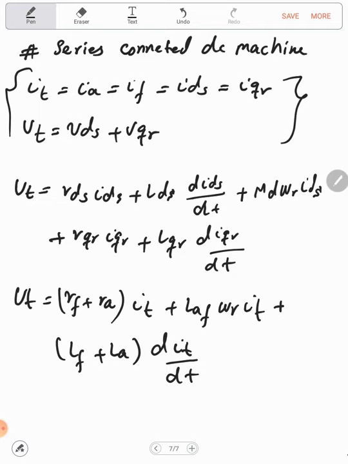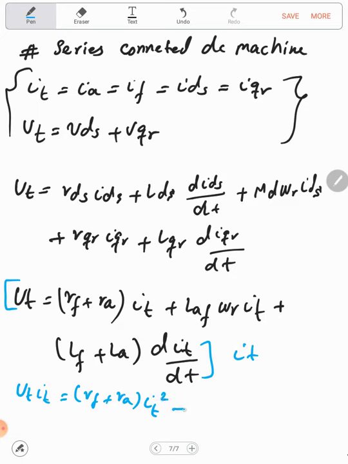Now again, if we need to find the torque, I will multiply by IT. So we'll have VT IT, which is the total power. Then we have here RF plus RA IT square, which is the ohmic losses.